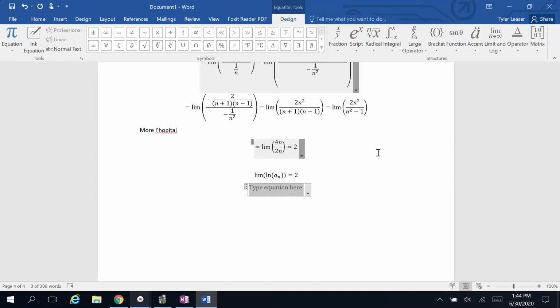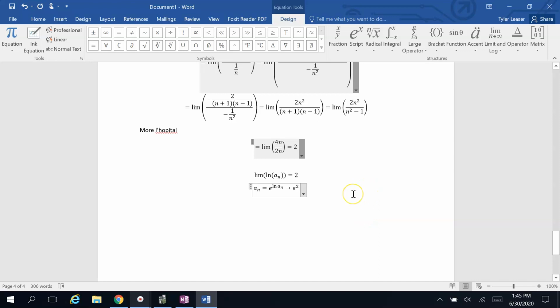Eventually what we get is that a sub n is equal to e raised to the natural log of a sub n. So that's just redefining a sub n. But remember that the natural log of a sub n approaches 2. So what we get is e to the power 2.